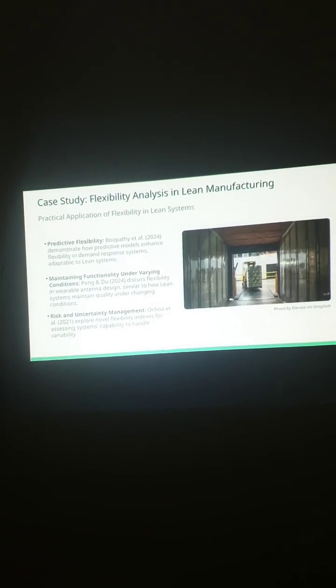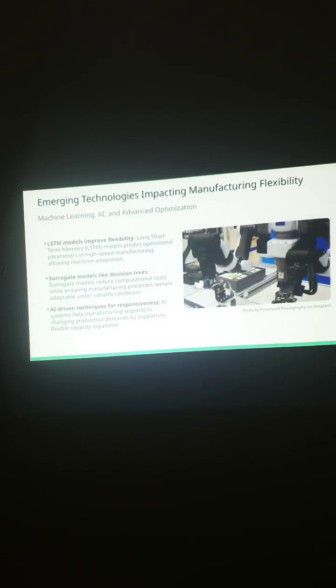And risk and uncertainty management: OCHA et al. explore Nobel Flexibility Index for assessing system capability to handle variability. Okay, emerging technology impacting manufacturing flexibility. There is a term called LSTM, which stands for long short-term memory.